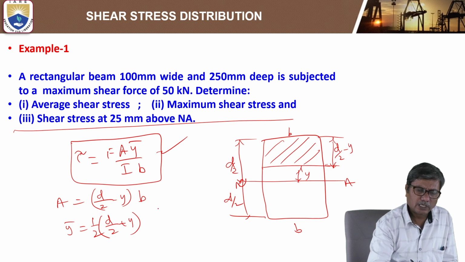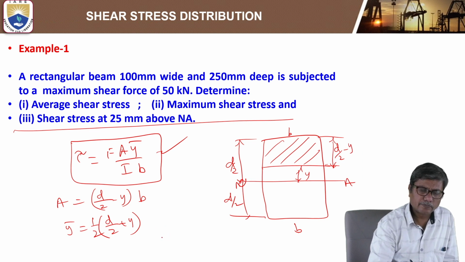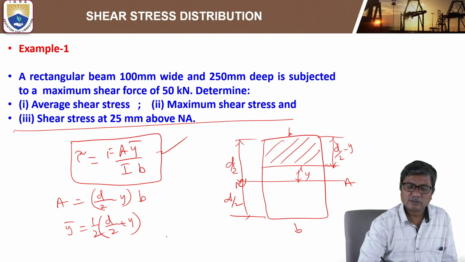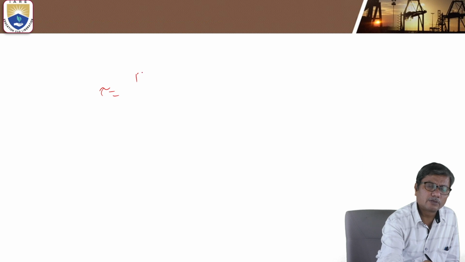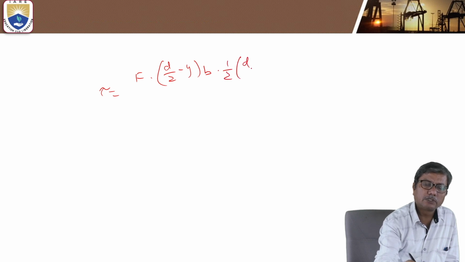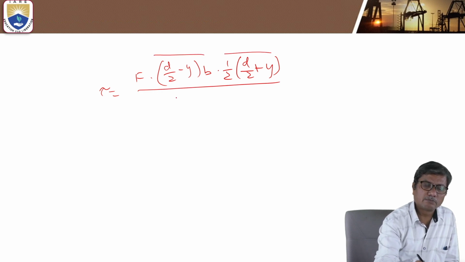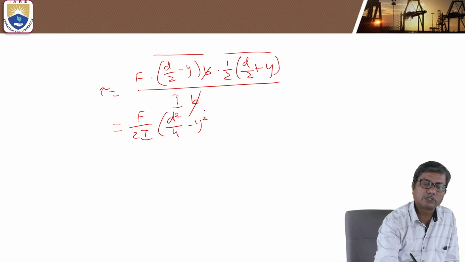So A y bar will be d by 2 minus y into b into half into d by 2 plus y. This is A y bar, divided by I b. So here b cancels. We have F by 2I into d square by 4 minus y square.